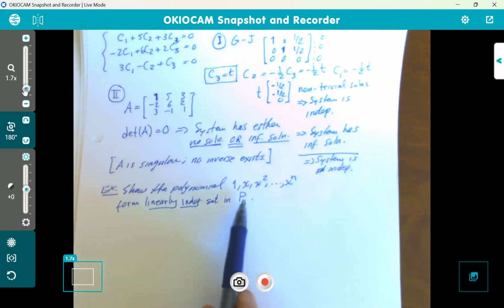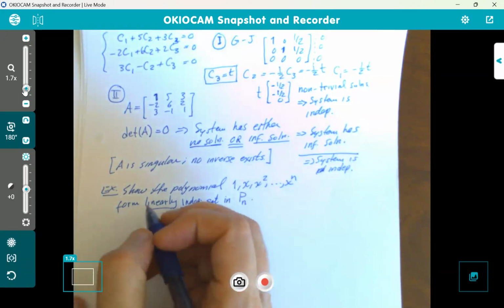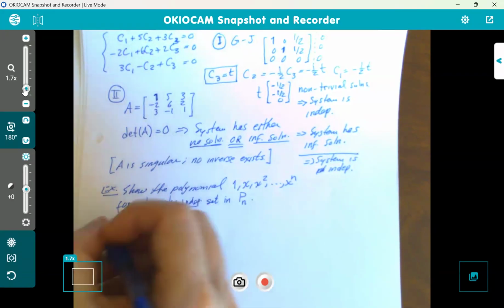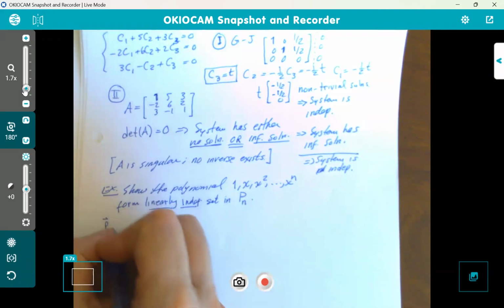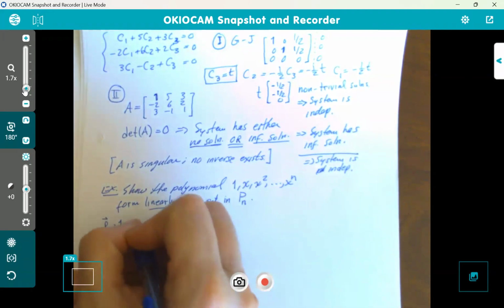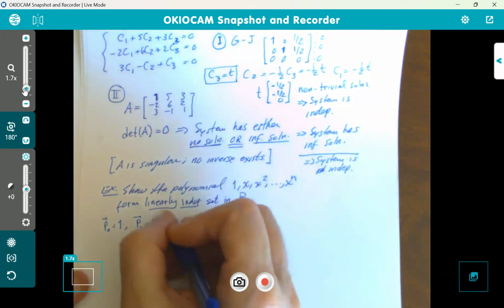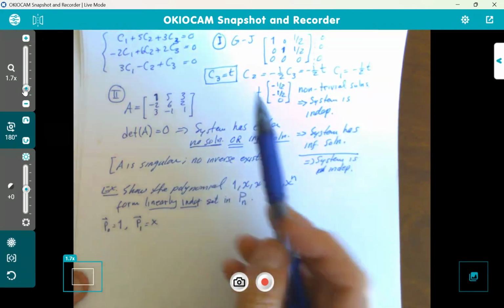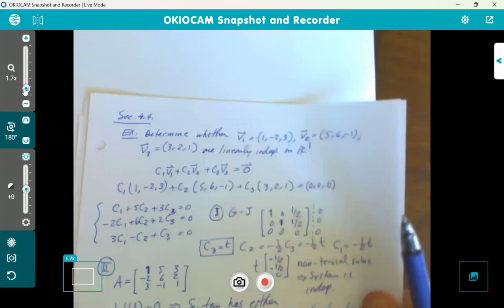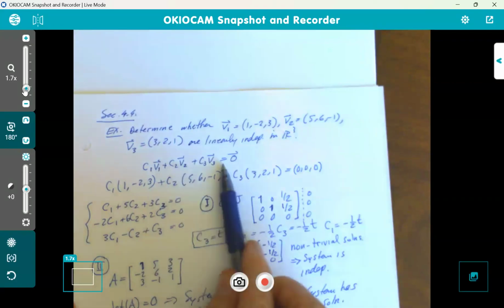Remember, P stands for polynomial, and P sub n means nth degree polynomials. So for this one, let's say P sub 0 is going to be 1, and then P sub 1 is going to be x. I'm showing each polynomial as a vector, just so it will match.